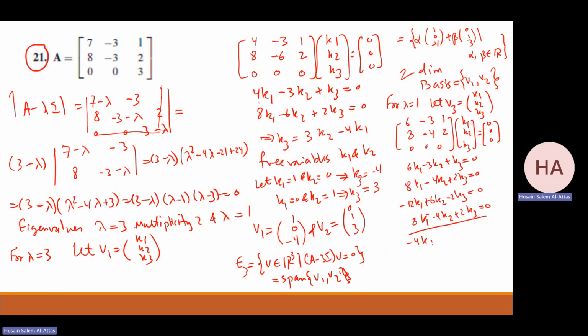Minus 4K1 plus 2K2, okay, this is gone, equals 0. So I have K2 is, take this to the other side, 2K1. So K1 is my free variable.